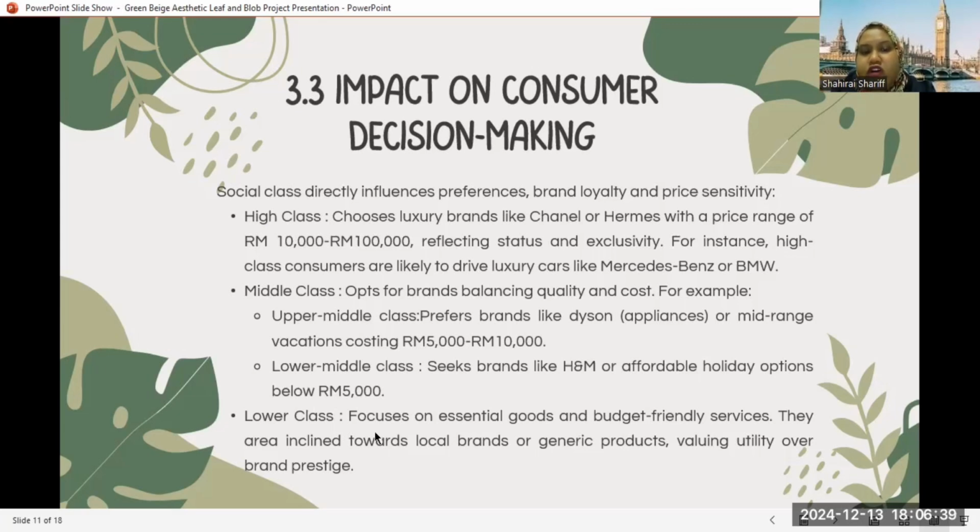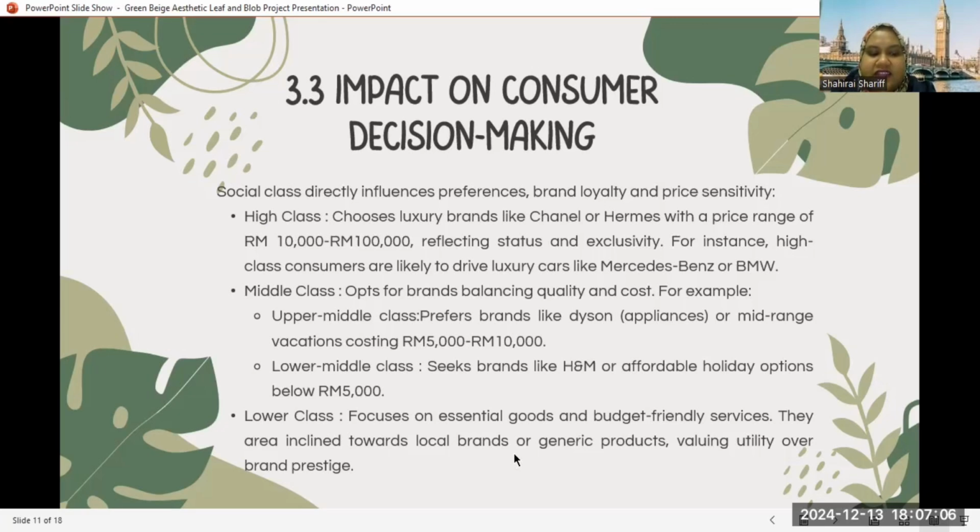Low class focus on necessities, goods and budget-friendly services. They are inclined toward local brands, valuing product utility over brand association. Each class's purchasing decisions reflect their financial capacity, aspirations, and cultural priorities.